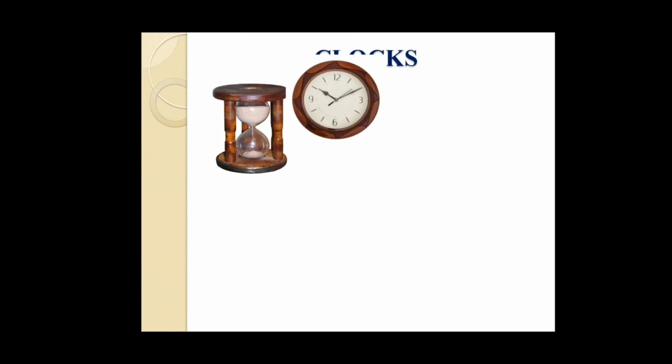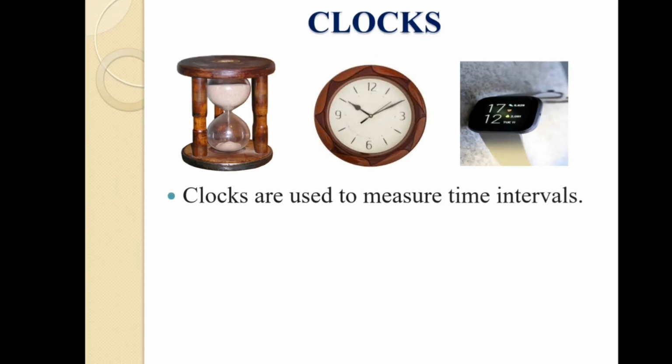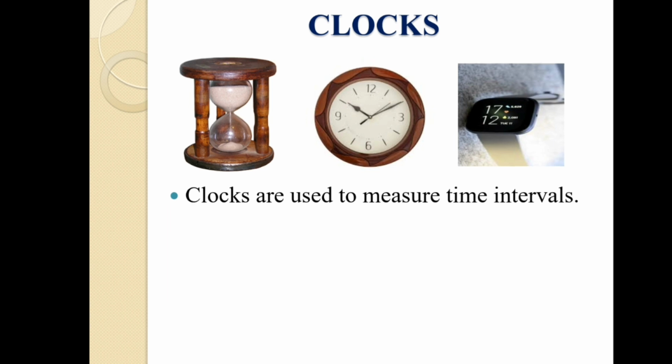Next topic is the one which we use daily in our life. Can you guess what? Yes, it is clocks. Clocks are used to measure time intervals, distinct measures of time. So a longer length of time can be divided into a number of short periods of time, all of the same length.